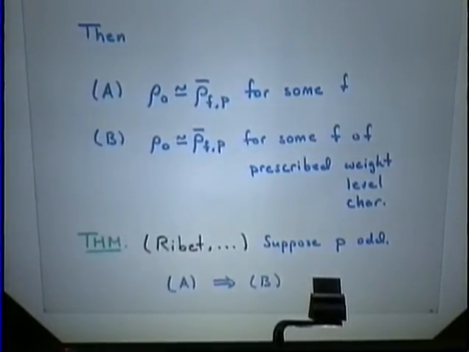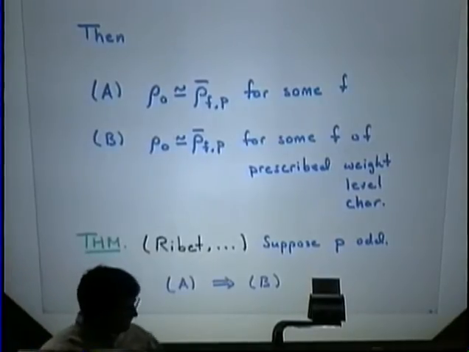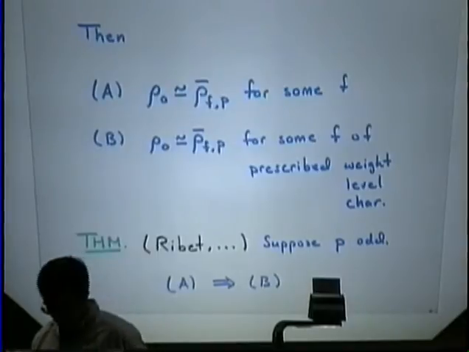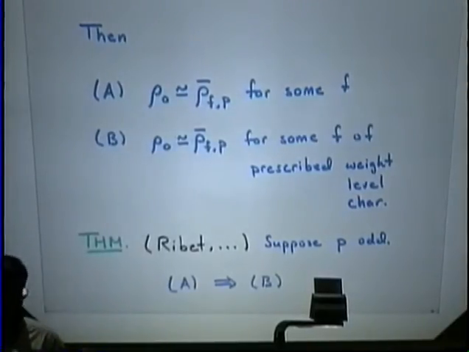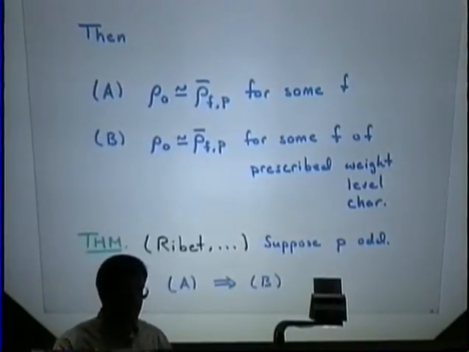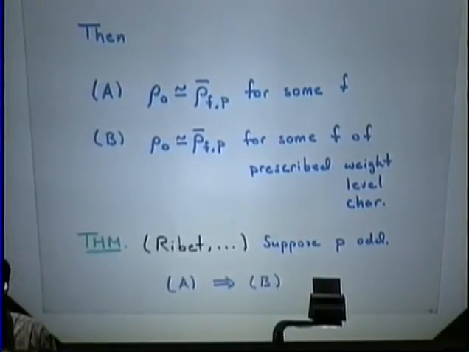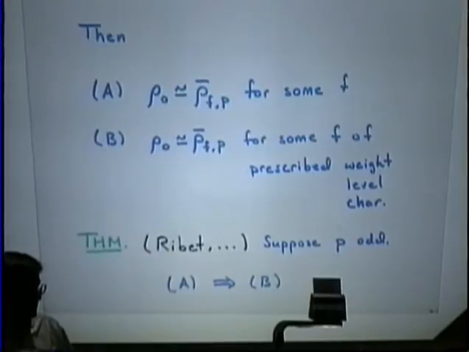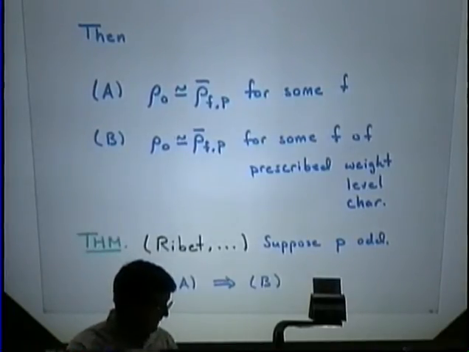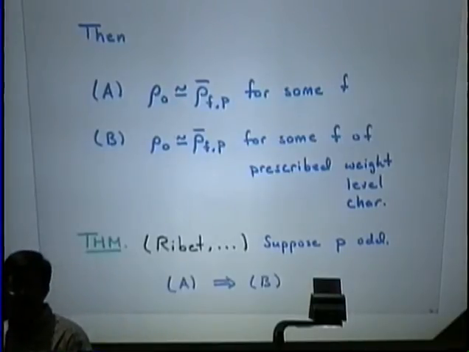Oh, another comment I want to make is that implicit in this, of course, is that there's a characteristic zero lift of our representation rho zero, that there's some representation of the Galois group of Q bar over Q into GL2 of some ring of integers of a finite extension of Q_p.